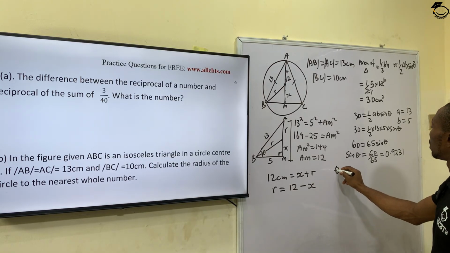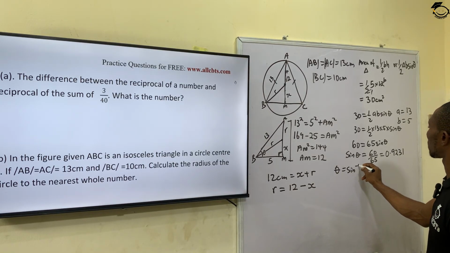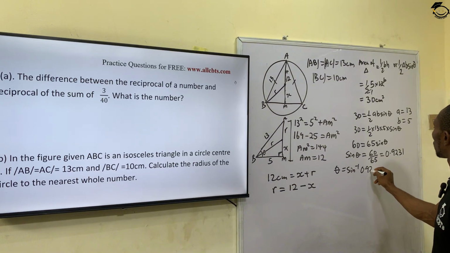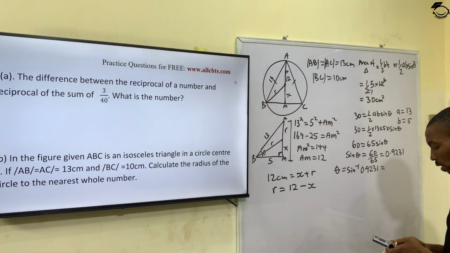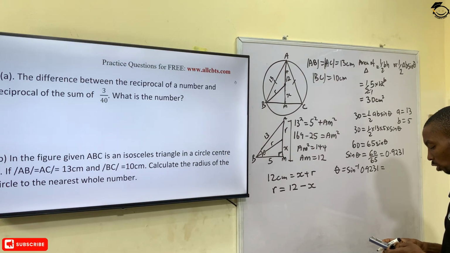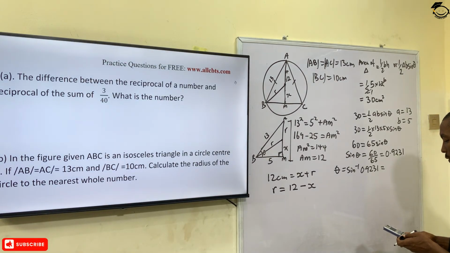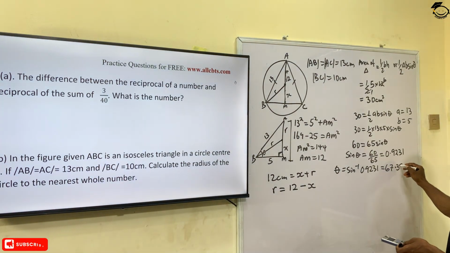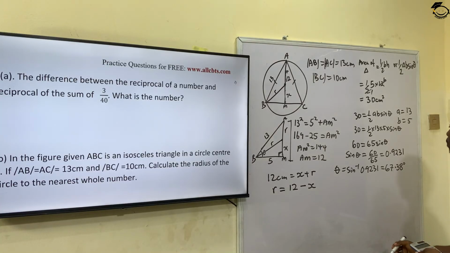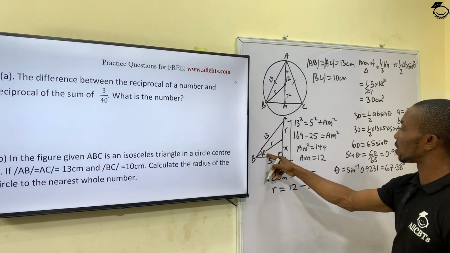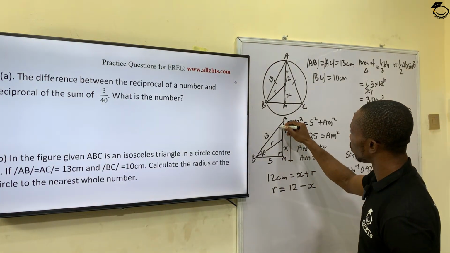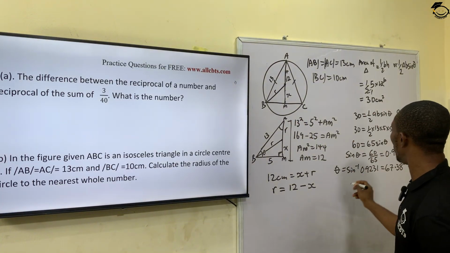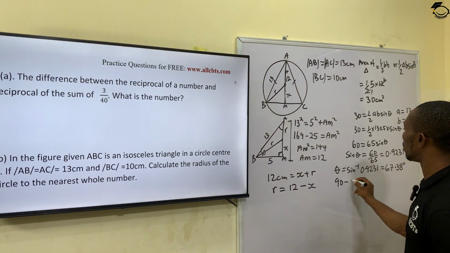So theta will become sine inverse of 0.9231, which will give us 67.38 degrees.